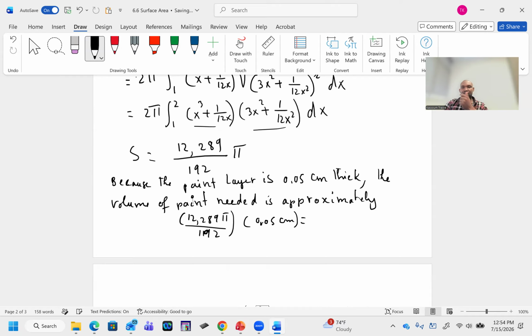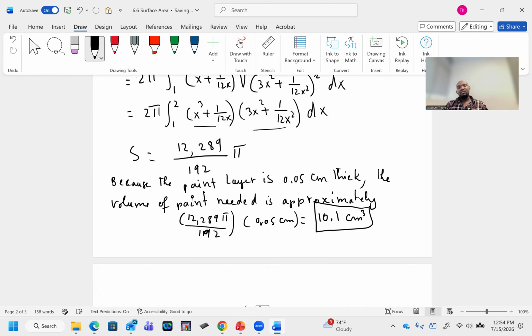Then use your calculator, pause and use your calculator, which will give us approximately 10.1 centimeter cube because it's the volume, right?